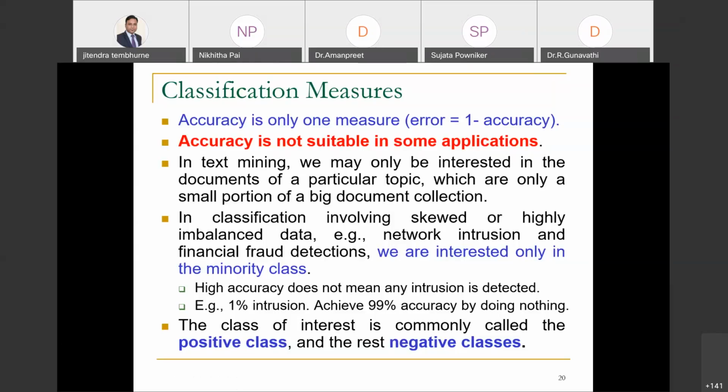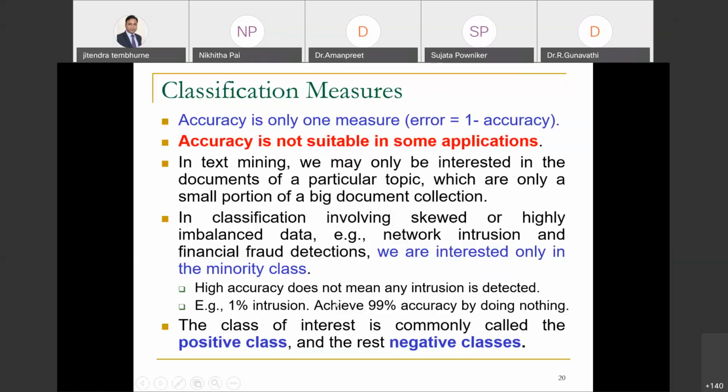Because the data set is skewed or highly imbalanced, accuracy is not a good criterion; we are more interested in the minority classes. High accuracy does not mean any intrusion is detected. It is not like this. Example: with 1% intrusion, doing nothing achieves 99% accuracy.